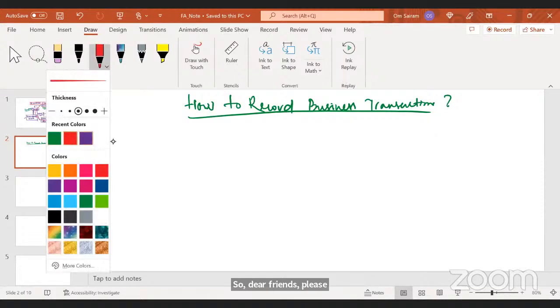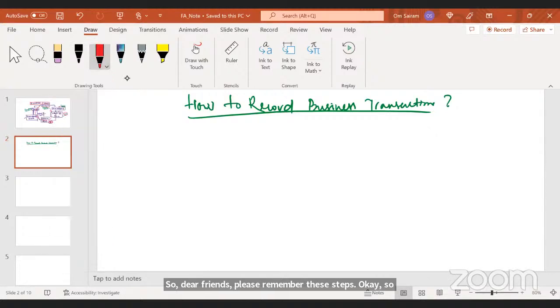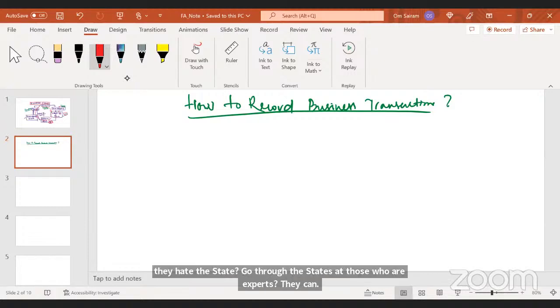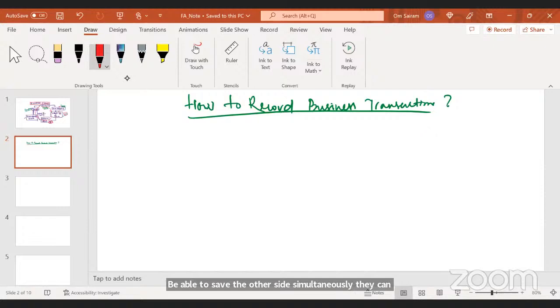Categorically, I must tell the newcomers to accounting, please go through the steps and don't deviate. Those who are experts can deviate from the steps and switch over to 3 steps or 4 steps, or the final step. But for the newcomer, please follow these steps.